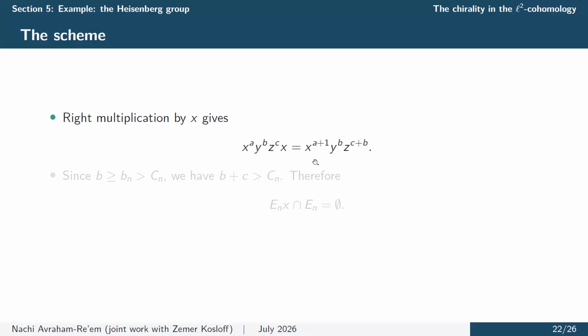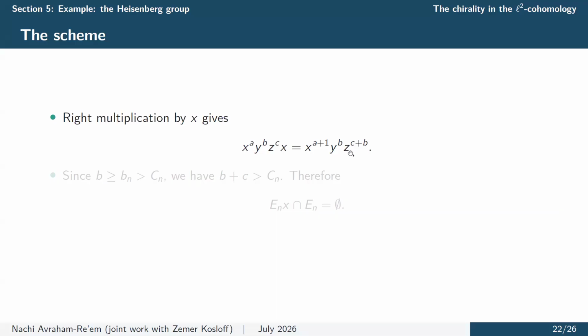Then what happens? I need to pay twice with the commutators, and I get this presentation. It adds 1 to a, and it adds b to the third coordinate. This is just the presentation of the Heisenberg group, the relation that's written there.